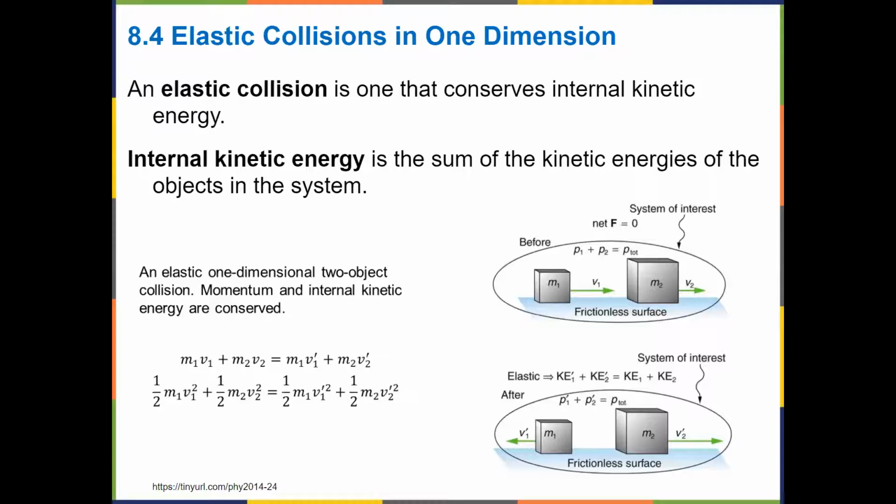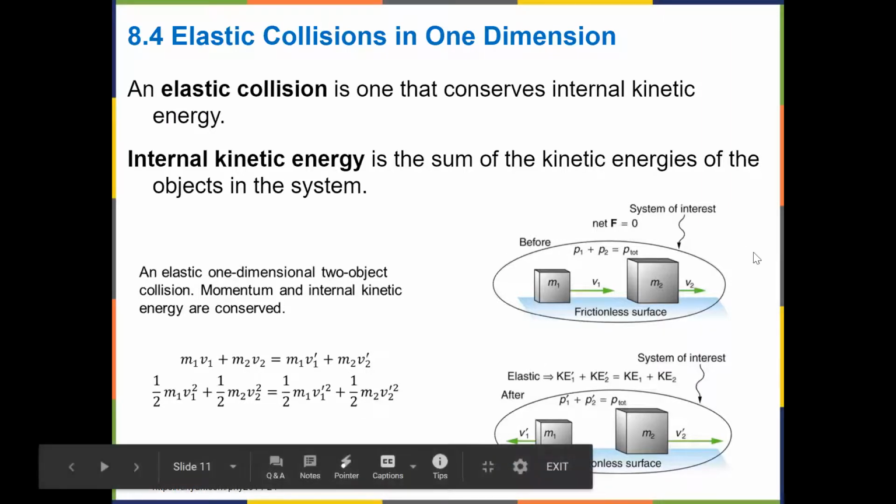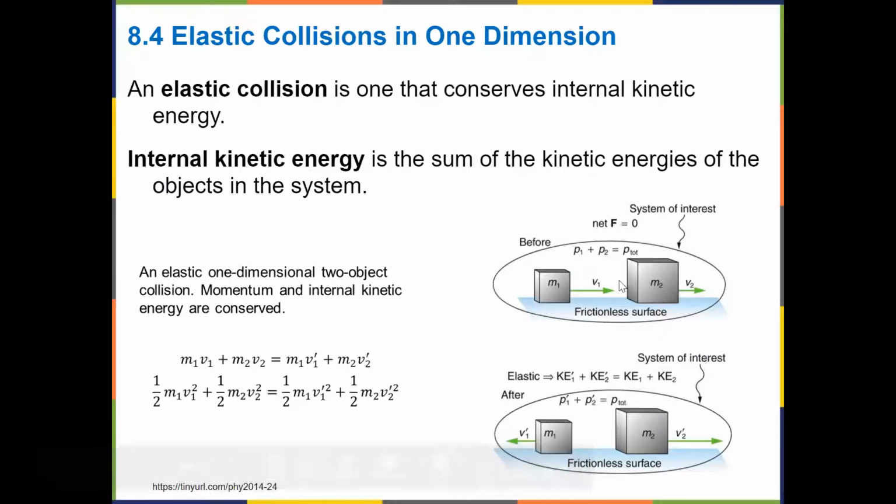As I mentioned, when you see collision, that means you can first apply conservation of momentum. And when you see the words elastic collision, that means you can also apply kinetic energy conservation. So if you have two objects, like the figure indicates here, one strikes another, and it's an elastic collision, you can write out two equations.